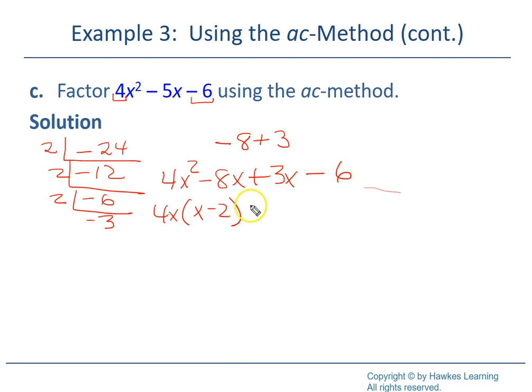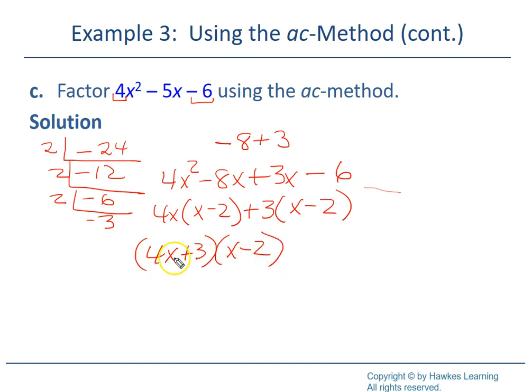I'm going to factor out a plus 3, and I get an x minus 2. And then this will be in one term, 4x plus 3 and an x minus 2. And if I FOIL this, I get my original trinomial. But I'm using that AC method.